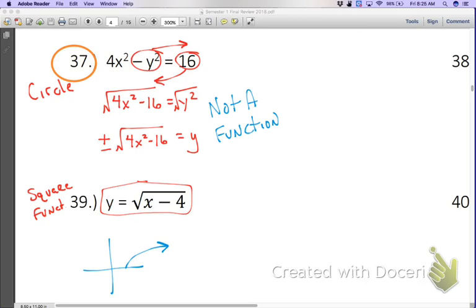Where it would be at 4, we'd move it right 4, and we'd go from there. No matter what value we plug in, as long as it's from 4 and on in a positive direction, it's going to be just one value.